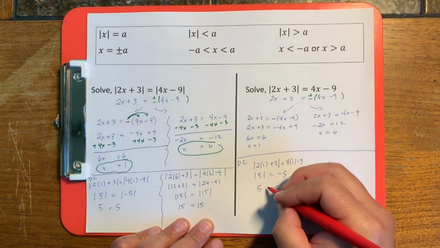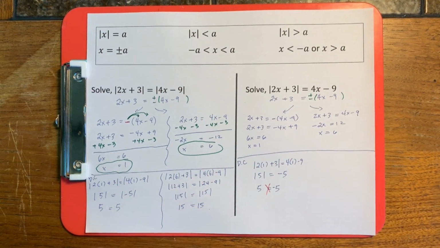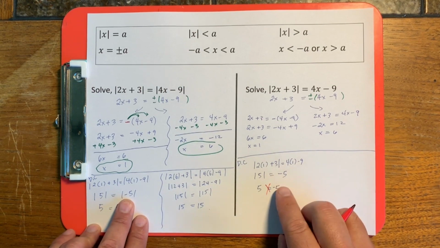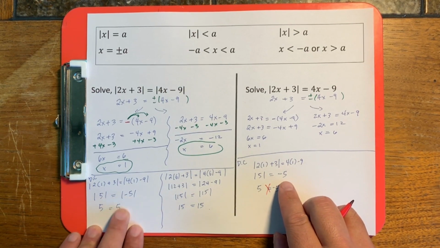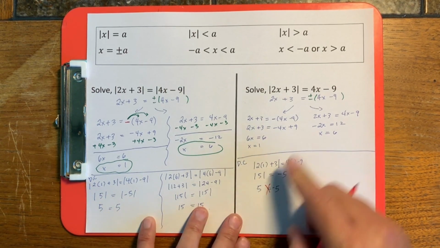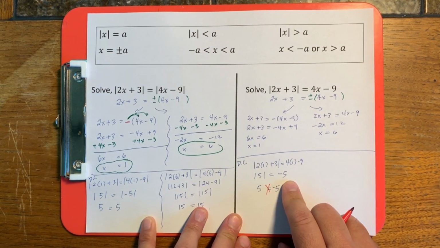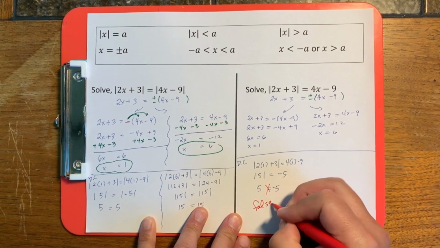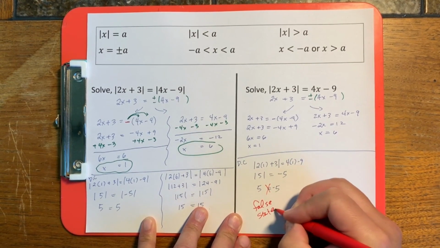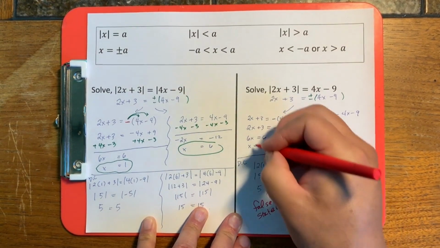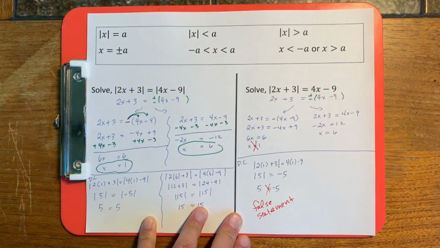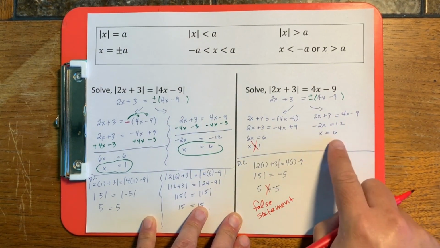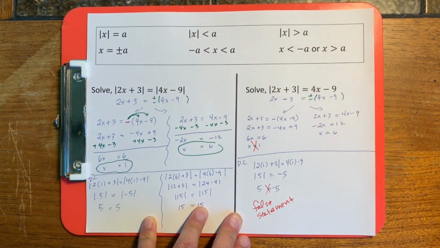That is not true. So do you see over here, because we had the absolute value, it made that positive. On this problem, we don't have an absolute value, so we get a false statement. So this is an extraneous answer. It's not a solution. X equals 6 is going to be our only solution.